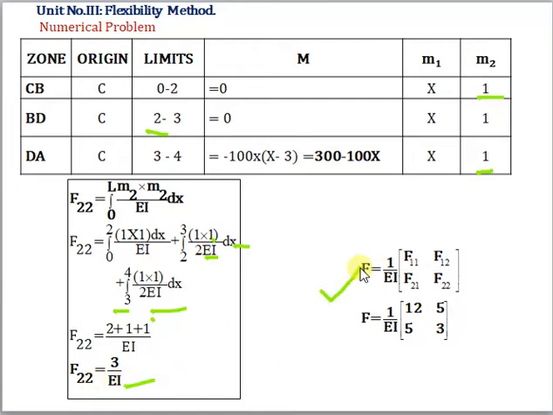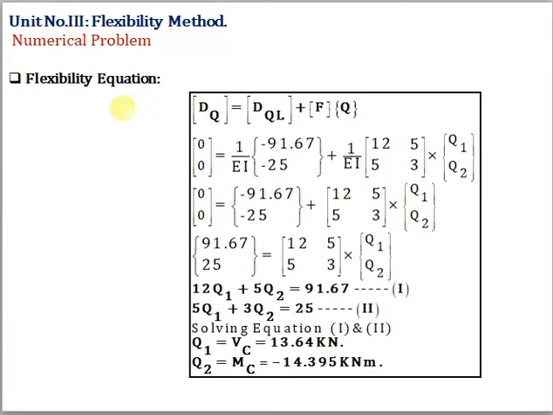So our flexibility matrix is 1 upon EI, putting the values: f11 is 12, f12 is 5, f21 is 5, and f22 is 3. Now the next step is the flexibility equation: dq is equal to dqL plus flexibility matrix F into q.